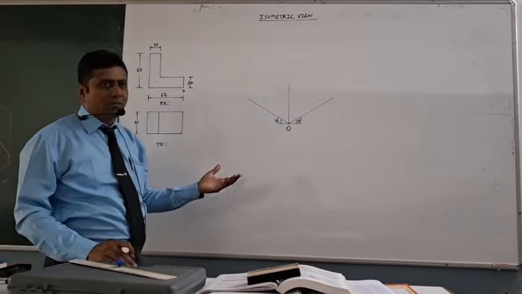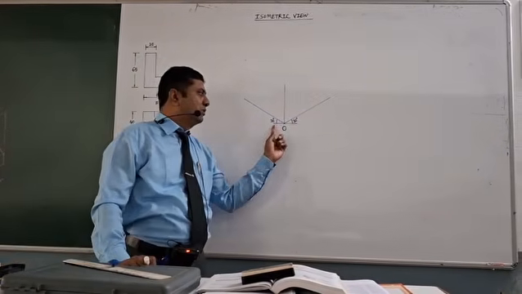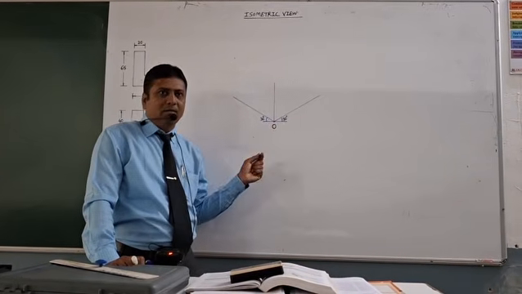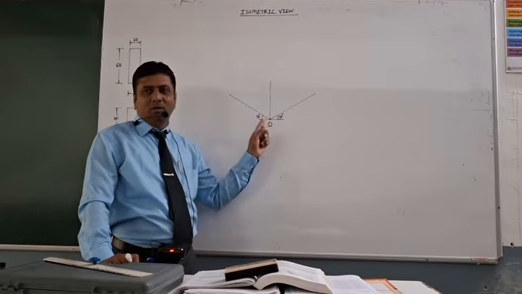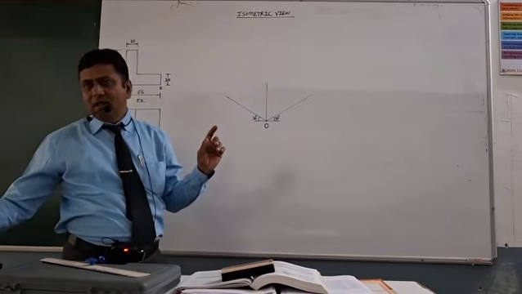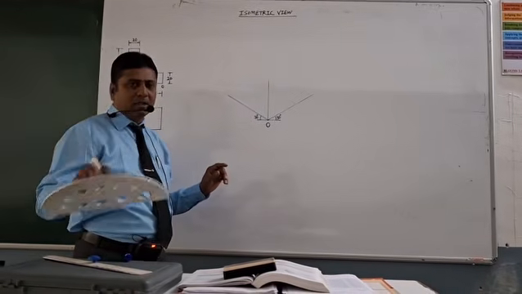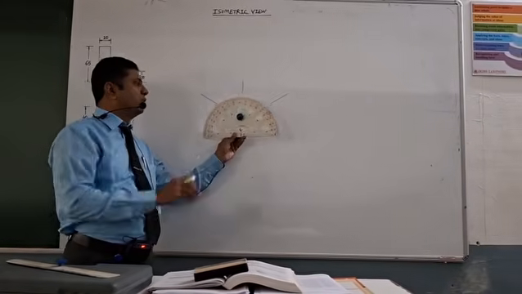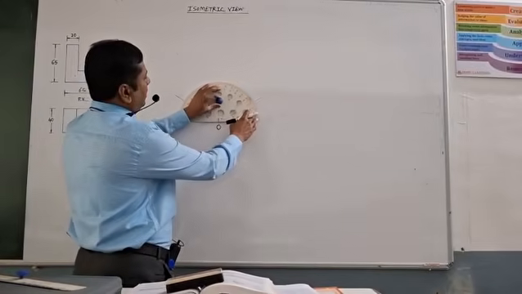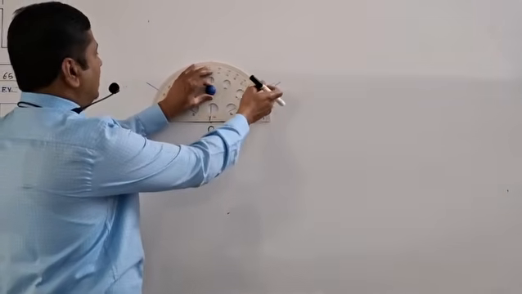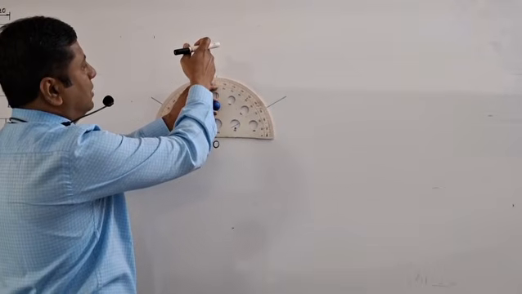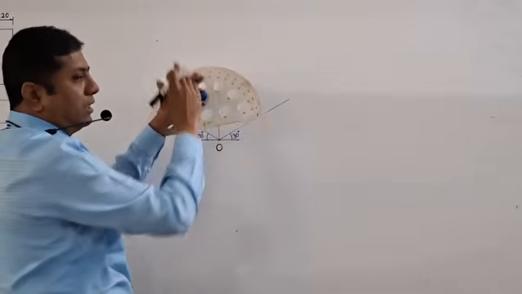So, to start with isometric, what you have to do? First you draw one simple small horizontal line. Then mark point O on this line. After that, take an angle protector, put it on this point O, and mark 30 degrees towards the right, 30 degrees towards the left, and one vertical line at an angle of 90.